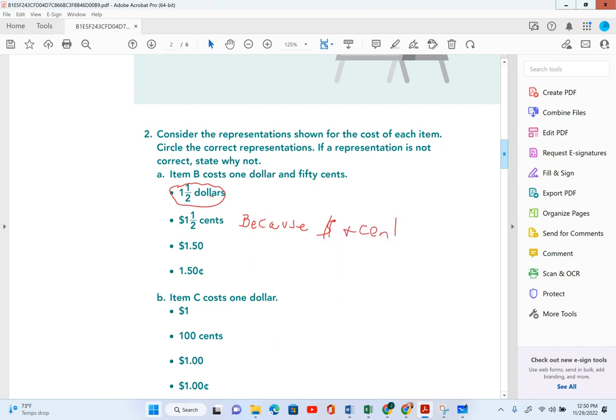It's either 100 or 50 cents, or if the cents were just off, that'd be correct. This is correct because it's $1.50. That's 1.50 cents? No, that's not correct because 1.50 is dollars, not 1.5 cents.